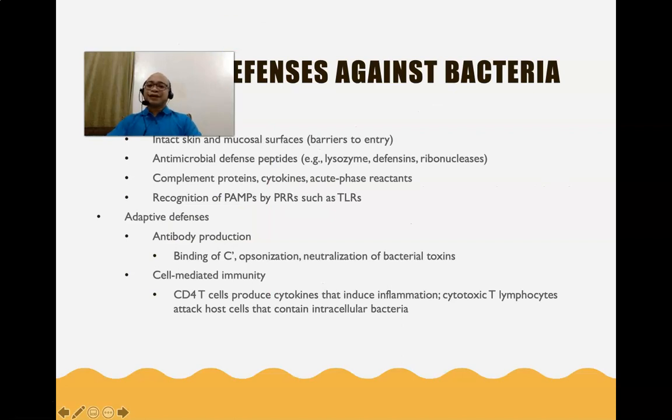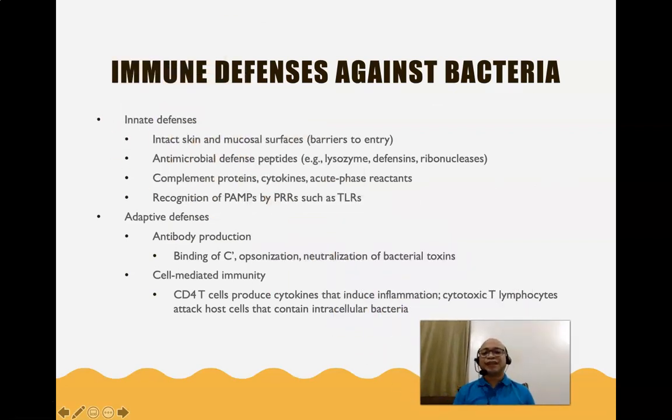Okay, so as of course we learned during the introductory part of immunology, we as humans are not really defenseless against these bacteria because we have both the innate defenses and adaptive defenses. So let's review. When we say innate defenses or natural defenses or non-specific immunity, this may refer to the intact skin and mucosal surfaces because these epithelial barriers will actually bar microorganisms from entering our body.